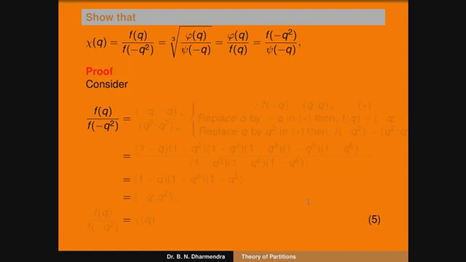We know the statement of f of minus q is equal to (q;q)∞.